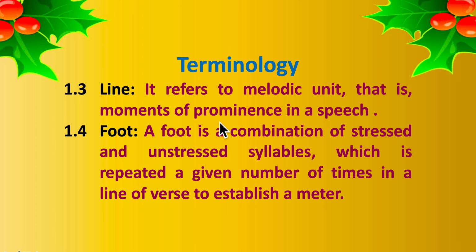And how is melody in a speech created? Because of the moments of prominence. For example, if I say, I am a teacher, the same sentence can be spoken with emphasis on different words. Look, moments of prominence means some words, some sounds are prominently pronounced, and it creates melody. It sounds beautiful and nice. So line refers to a melodic unit, that is, moments of prominence in a speech.